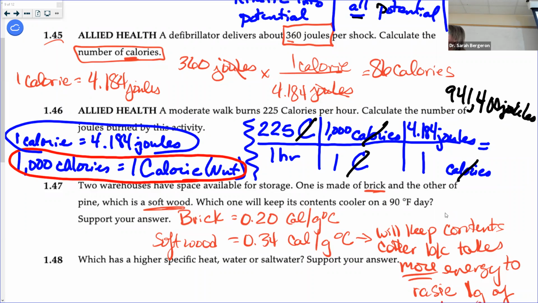Are my significant figures correct? How many significant figures can my answer have? No more than the original values that I started with. How many did I start with? 3. How many can my final answer be? 3.